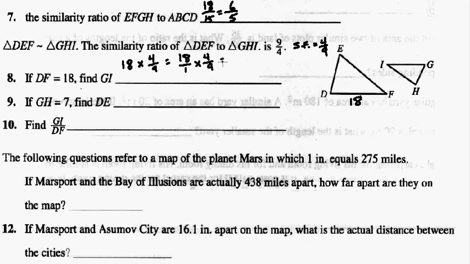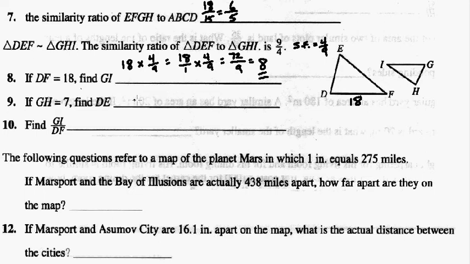Okay? So I've got 4 times 18, which is 72, over 9. And 72 divided by 9 is 8. So the length of that is 8 for number 8.